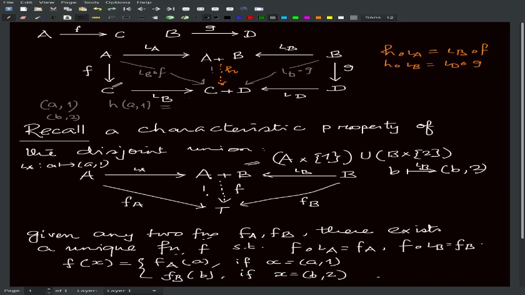So first you take F and then this, so this is F of A1, and H of B2, by the same technique, it is G of B2. So that's the explicit description of H, whereas this is the proof. Is it clear?